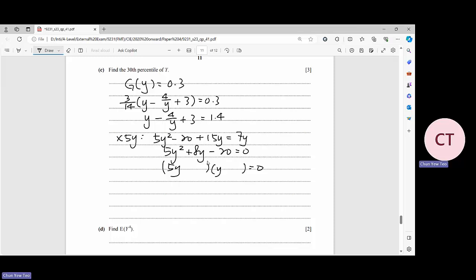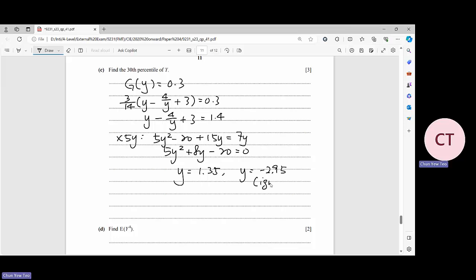Let me try to use a calculator to solve it. Okay, so we cannot factorize it. But there's no need for us to use the quadratic formula as well. Just press the calculator directly. So your answer will be 1.35, and another one will be negative 2.95.